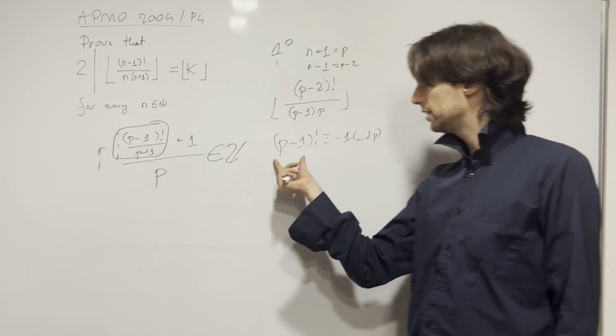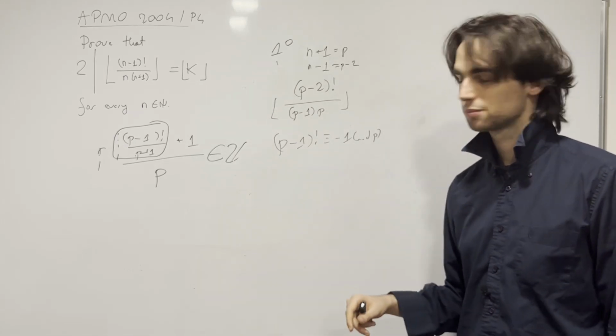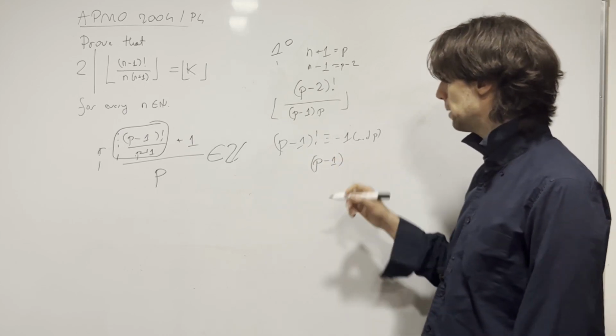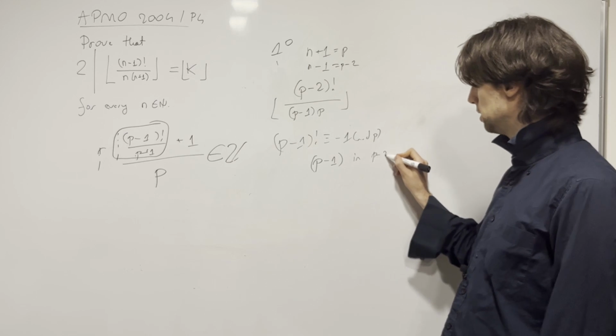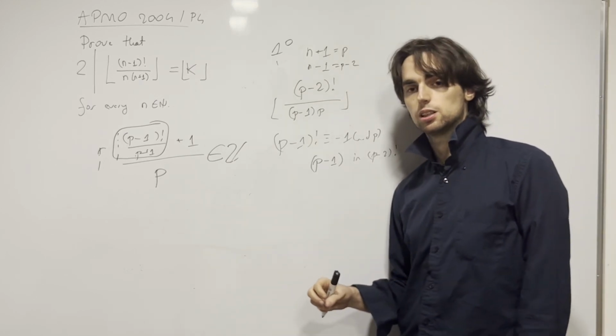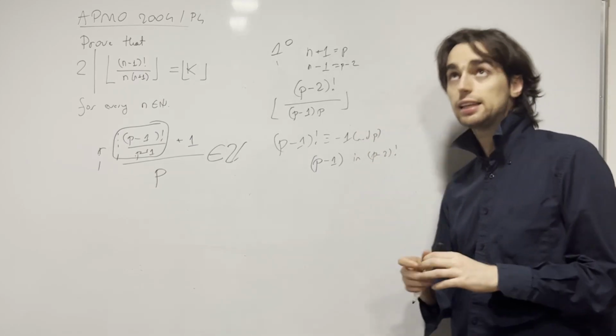It's as if I divided this by (p minus 1) squared, right? So is (p minus 1) squared, or in other words, is p minus 1 in (p minus 2)!? And the answer is yeah, it's in here. It's very likely in here.